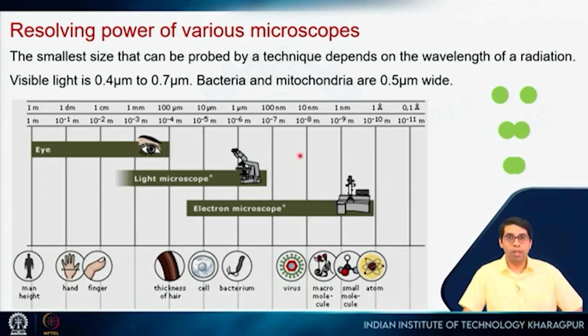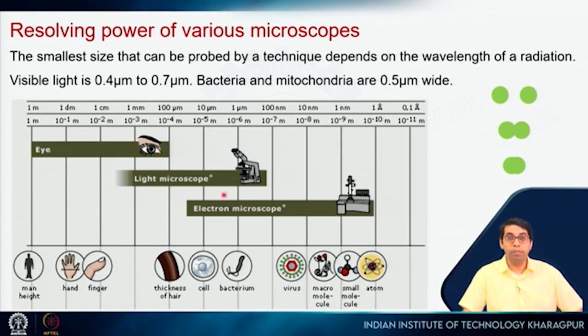For example, if I talk about light microscope, it uses visible light and the wavelength of visible light is from 0.4 micrometers to 0.7 micrometers, which means that the smallest structure that we can see using light microscope will be in this range. So, it turns out that it is around 0.2 micrometer, that is the smallest size you can see. For example, bacteria and mitochondria inside a eukaryotic cell, they are around 0.5 micrometer wide.